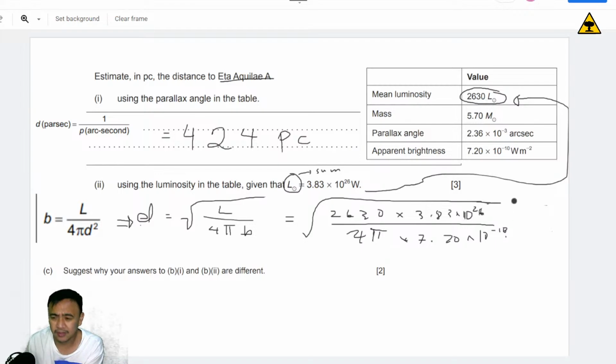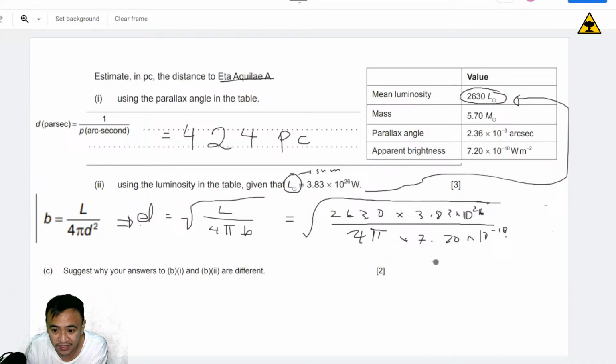Okay, so I'll just calculate that right here. So 2630 times 3.83 exponent positive 26 divided by 4 divided by pi divided by 7.2 exponent 10 negative 10 equals. Okay, and then let's just take the square root.